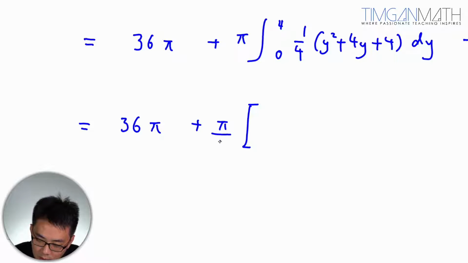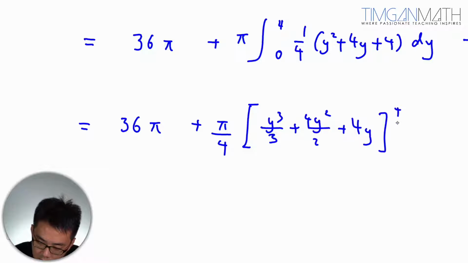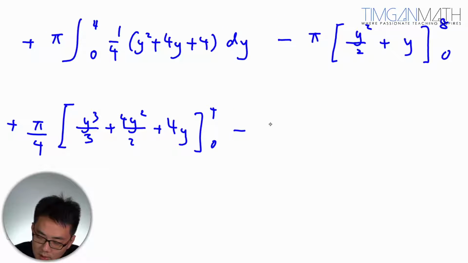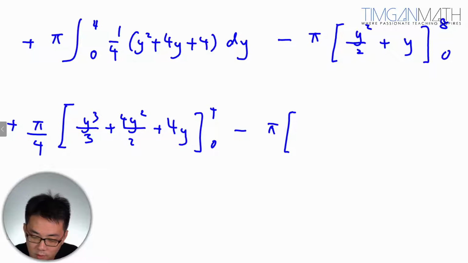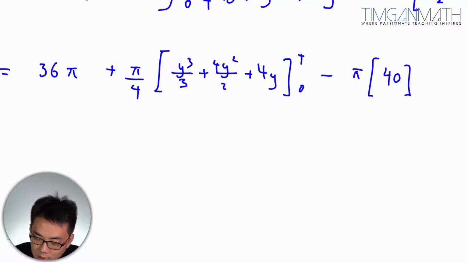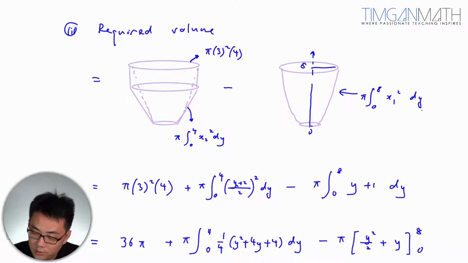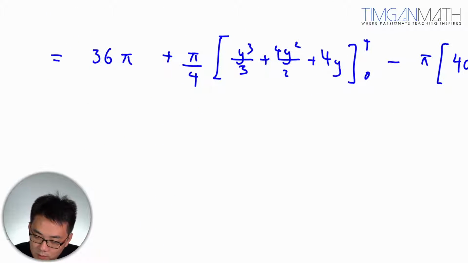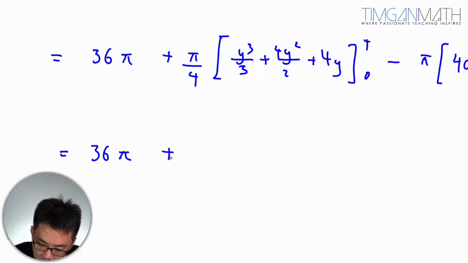So this 1/4 can bring it up. Plus y squared over 2, then it will be 4y, minus pi. Okay, this will be 8 squared over 2 plus 8, which will be 40. Alright, then we're just going to look at the subsequent one, which is 0 to 4 here. 0 to 4 will be plus pi over 4.